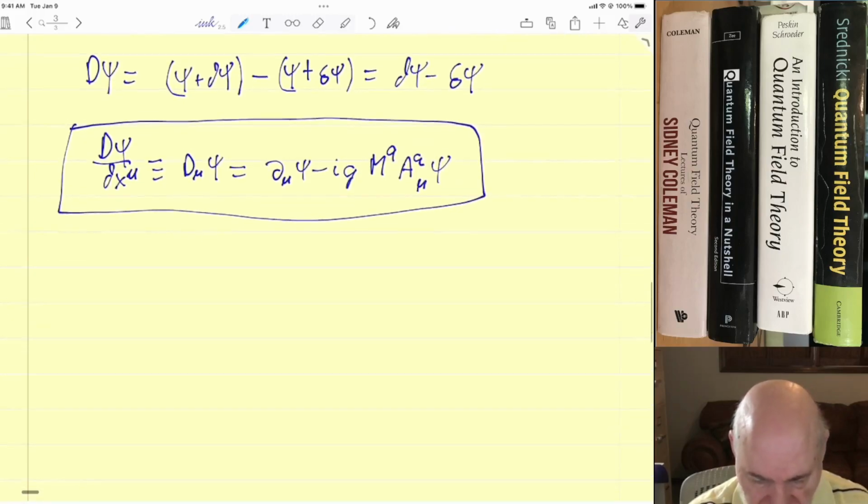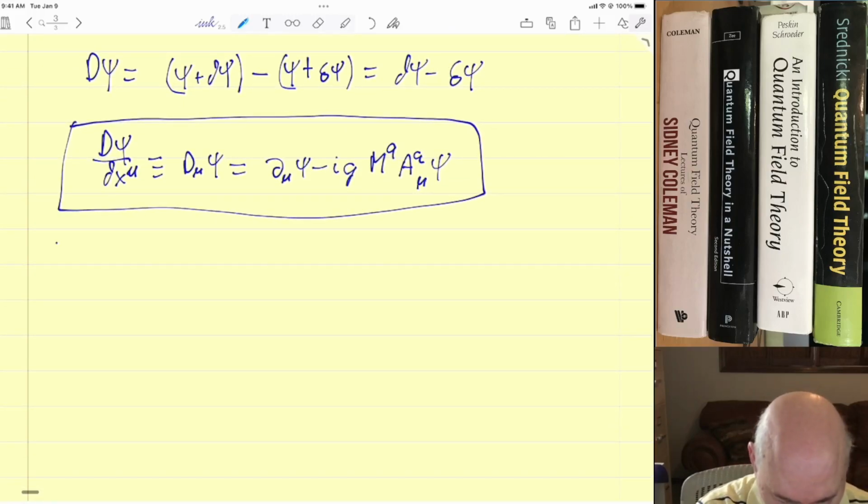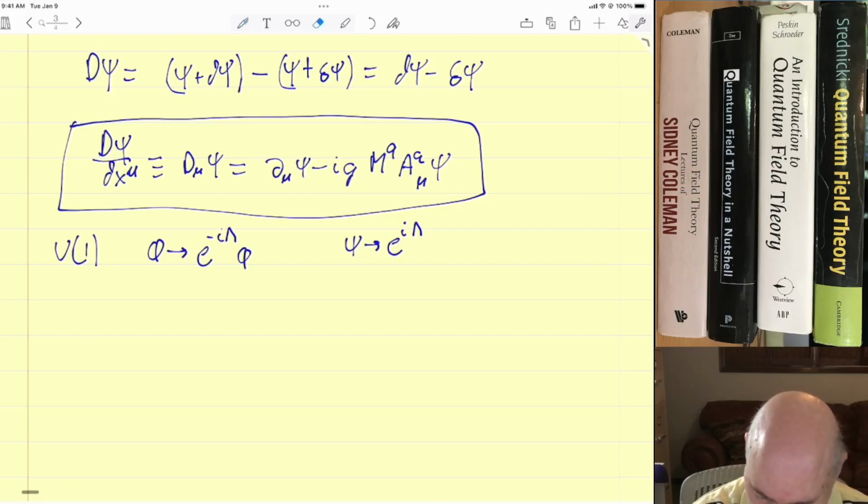Now, let's just check against our previous results. For example, for U1, where we had our transformation when phi goes to e to the minus i lambda phi, and we compare that with psi goes to e to the i M lambda^A psi.